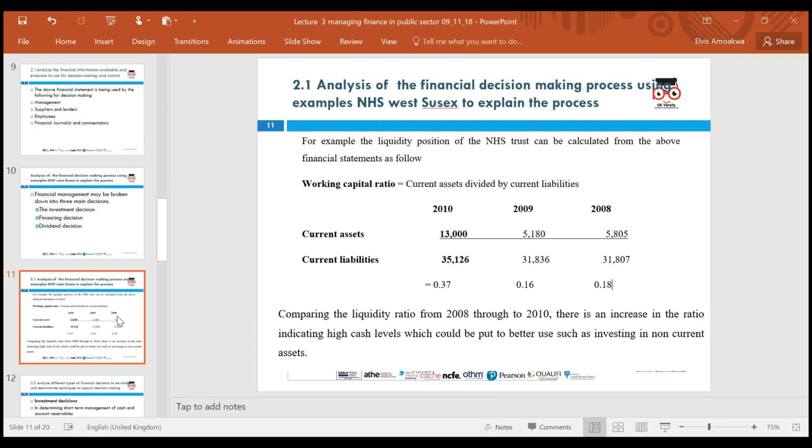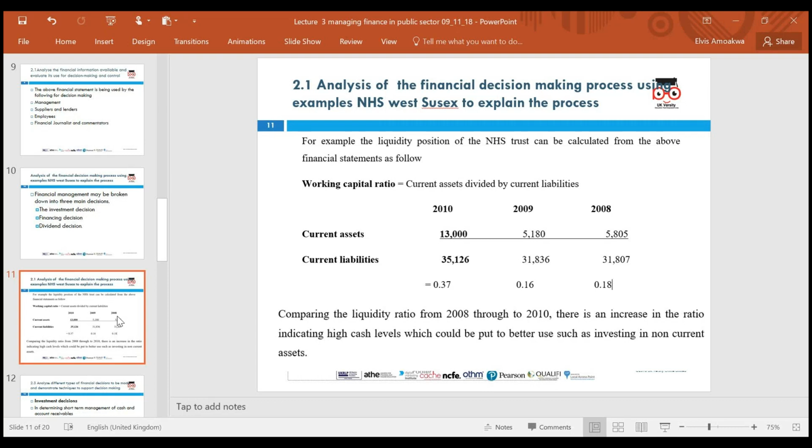Now, look at what I wrote there. Comparing the liquidity ratio from 2008 to 2010, there is an increase in the ratio, indicating a high cash level, which could be put to better use, such as investing in non-current assets like building more theaters, getting more MRI scanners, and all those things.